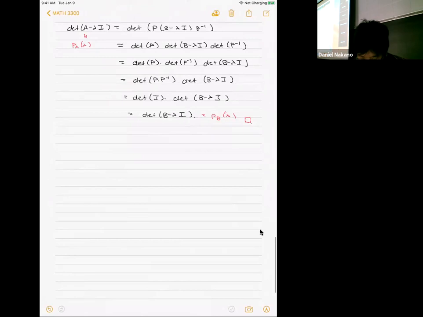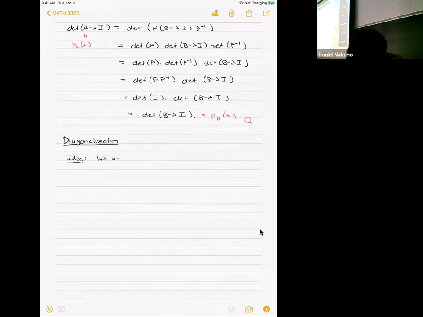Okay, so let's talk about the notion of diagonalization. The idea is the following.